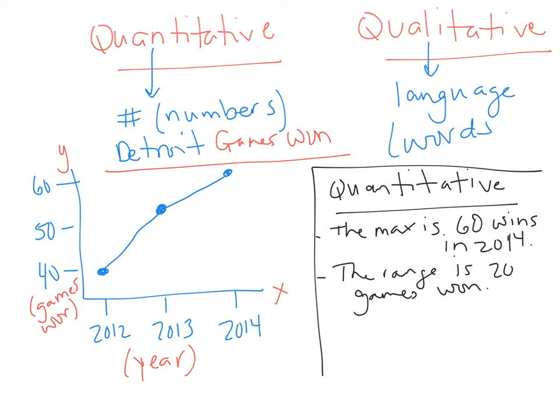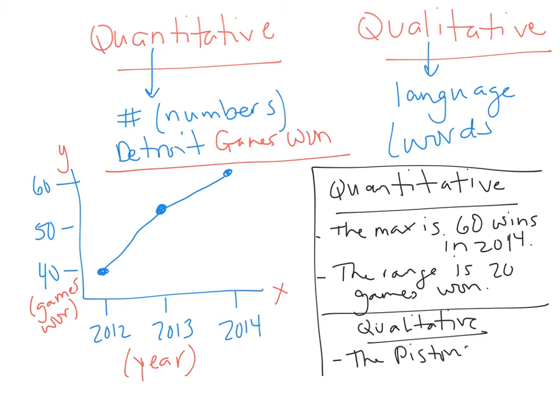Now if I were to talk about a qualitative observation, I would say something along the lines of the Pistons won more games each year they played.